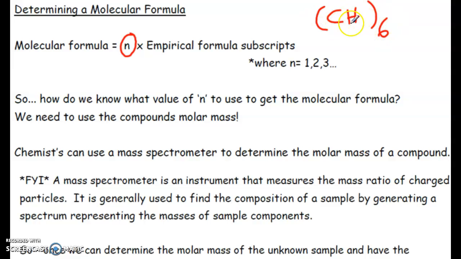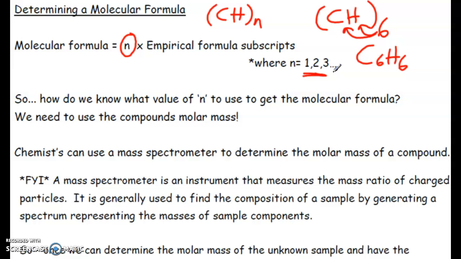For example, if I have CH and I solve for the factor being 6, that means I can get to my real formula by multiplying the subscripts. The n number, basically our n, has to be a whole number integer. You're never multiplying by a factor of like 1.8 or something like that. It has to be a whole number.